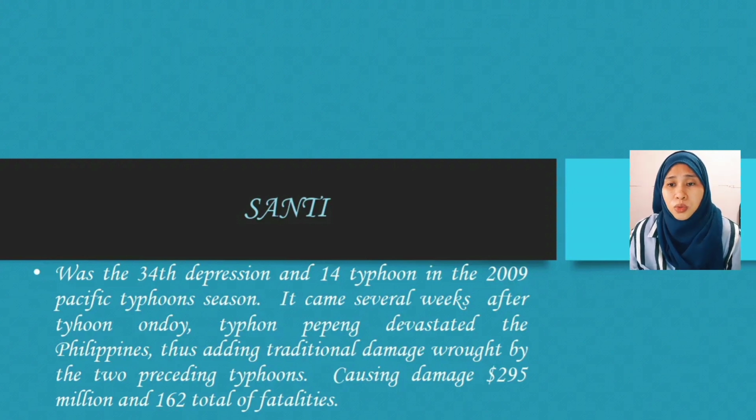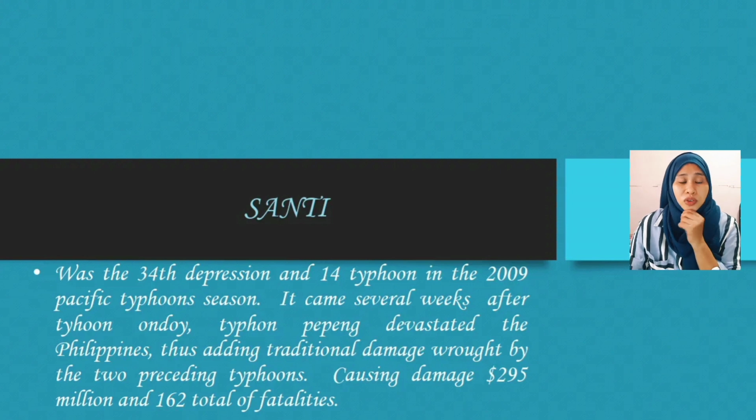It came several weeks after Typhoon Undoy and Typhoon Pipeng devastated the Philippines, adding to the damage wrought by the preceding typhoons, causing $295 million in damage and 162 total fatalities. So Ramil, I don't have a source for Ramil.